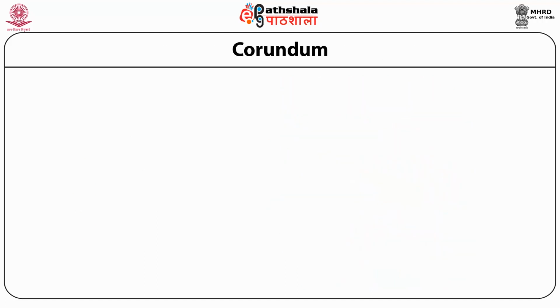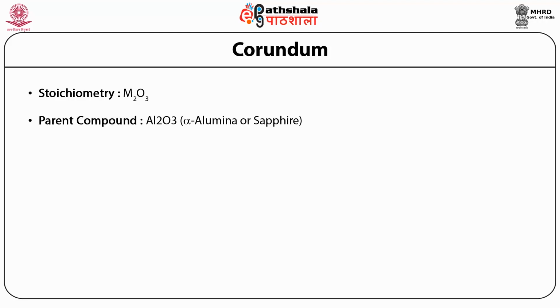Now the next compound is corundum structured compounds. The formula for it is Al2O3. Such compounds have M2O3 type stoichiometry. The parent compound is alpha alumina or sapphire, that is Al2O3.